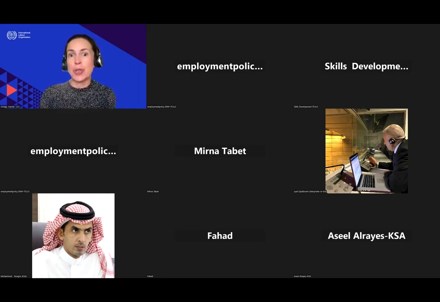In that sense, we can say that they have an effect on both the supply and the demand for skills. So let me take you to the demand side of things first. On the demand side, digitalization and technological development is definitely changing the nature of occupations and the skills that are being required in the different jobs across all economic activities.